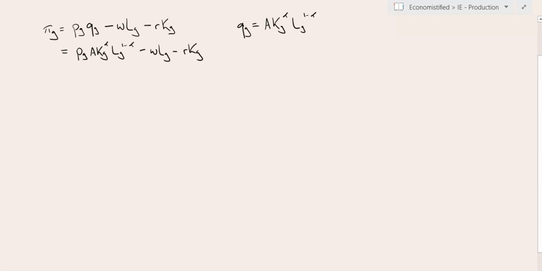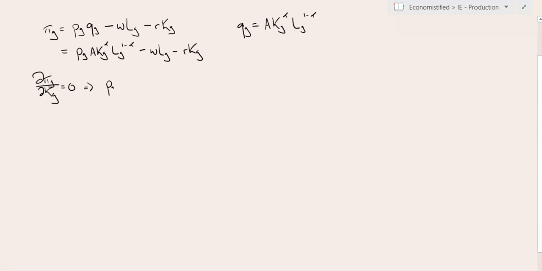And now we can go ahead and take the first order conditions for the firm's problem. So firstly, with respect to capital, take the derivative of the profit function with respect to capital, set it equal to 0, and that will give me an optimality condition for capital demand.